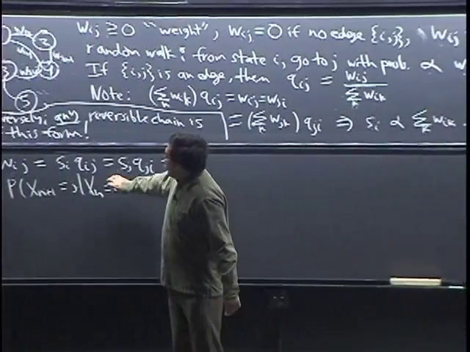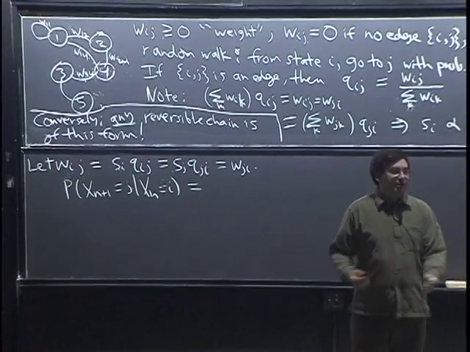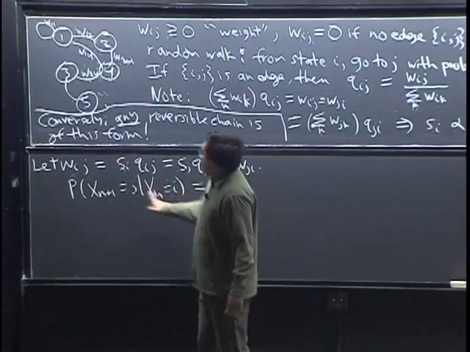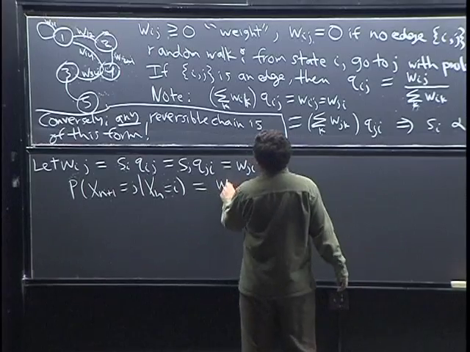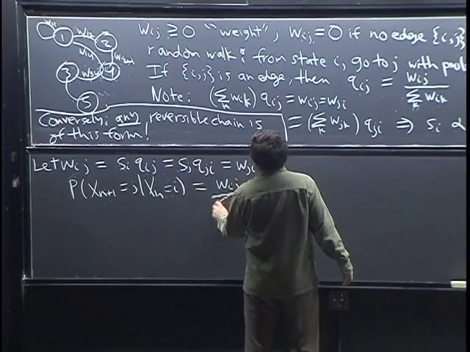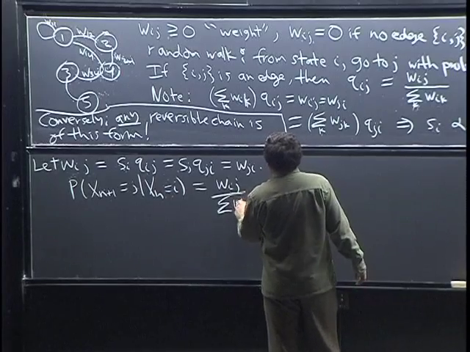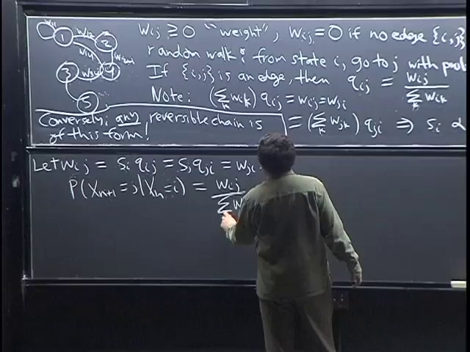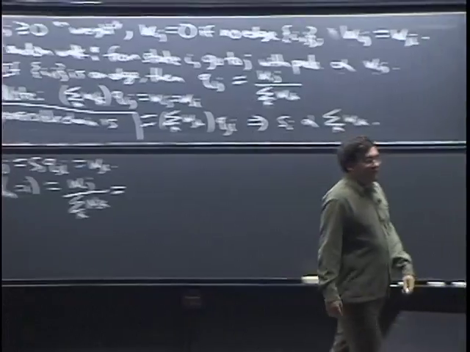We're at state i, we look around at all the available edges, we look at all their weights, and we choose to go to j with probability proportional to Wij. That's the definition of the random walk. So the probability is Wij over the sum of Wik over all k. That was just the definition of how we did the random walk, right?